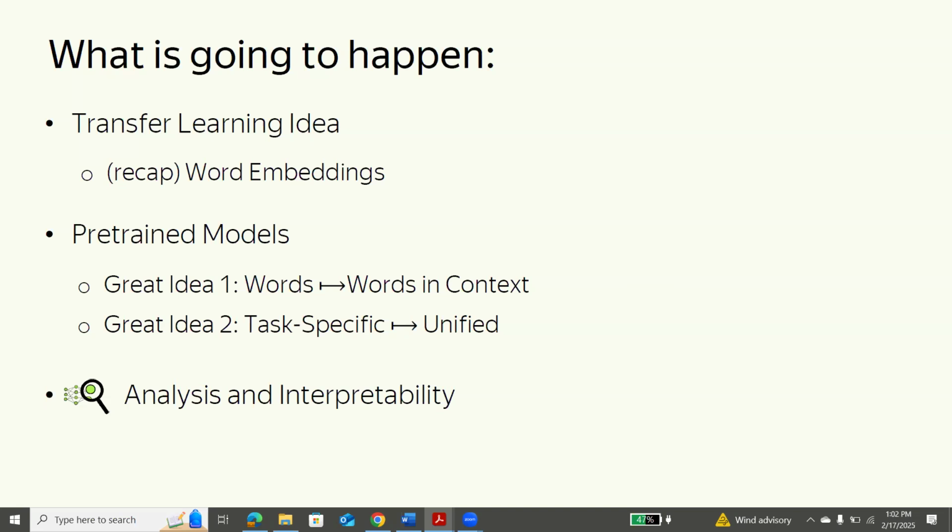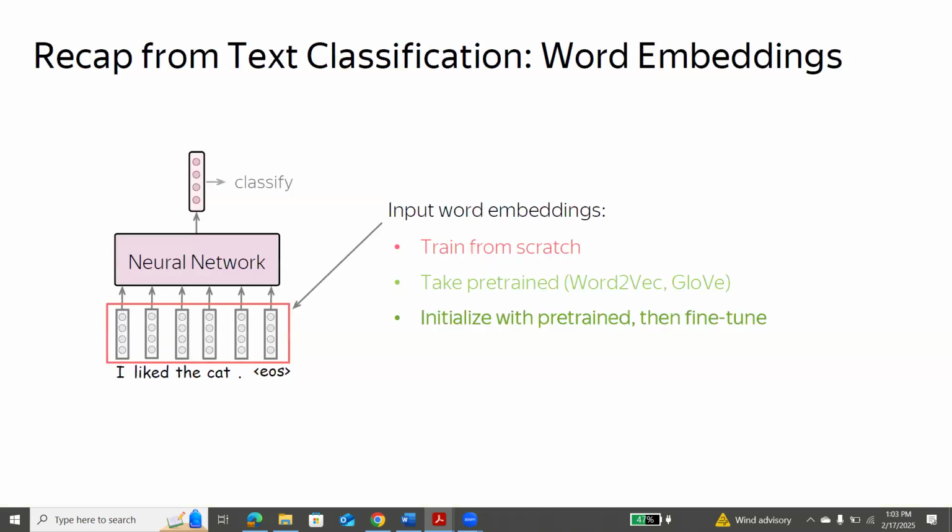And we will talk today about 2 main ideas that brought us to the current state of NLP.